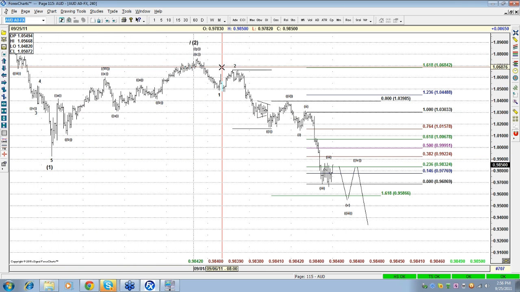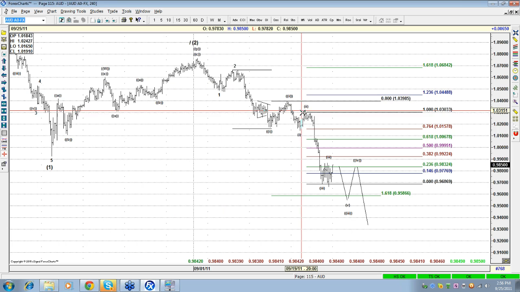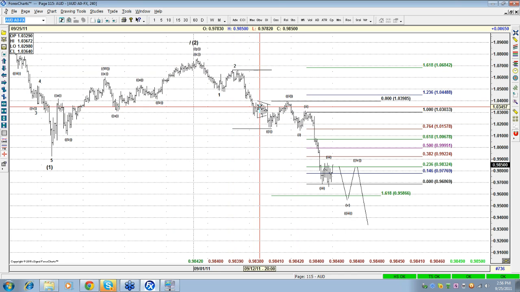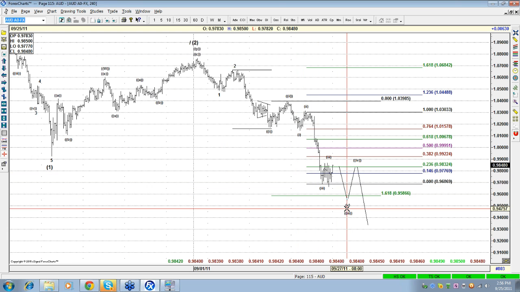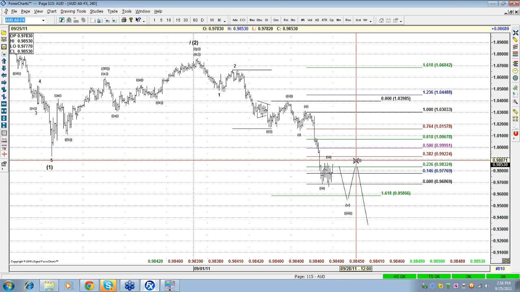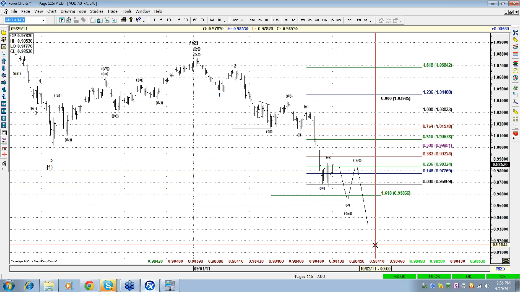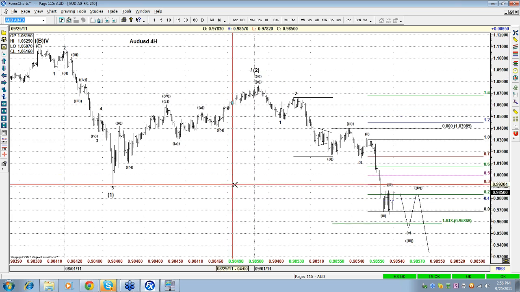All I care about is resolving that nest right here. And the nest is telling me that I need at least 3 more lows or 2 more lows in Aussie before we see any type of significant strength. That's how I see it.